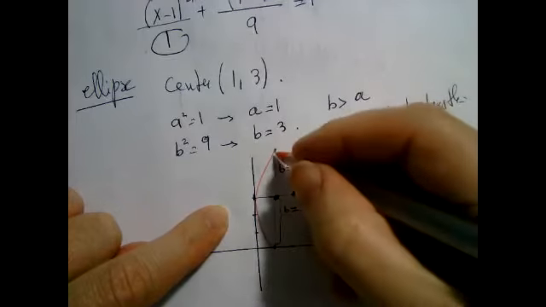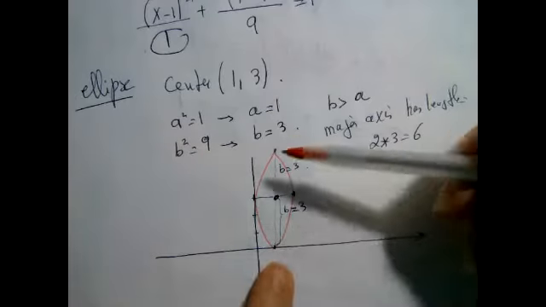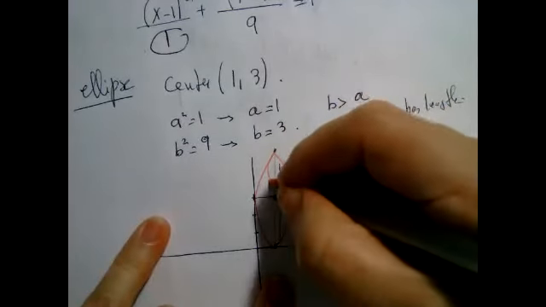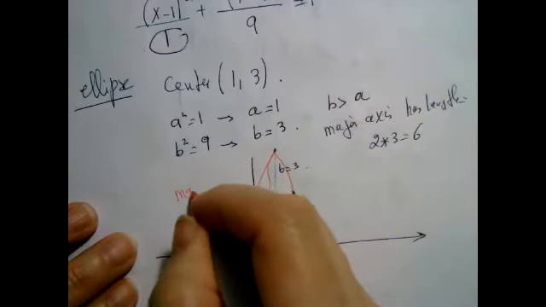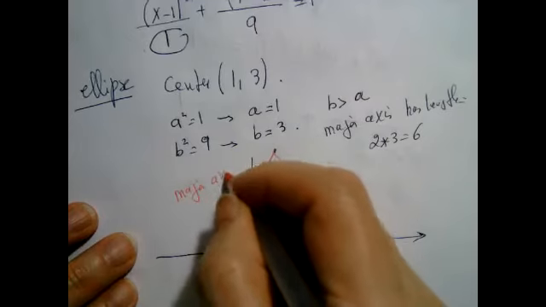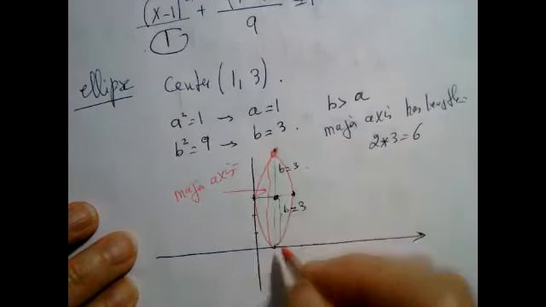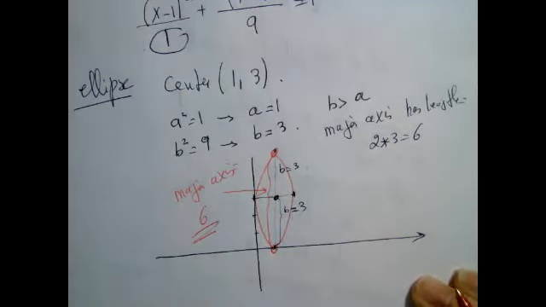That's what this will represent. And the major axis is the longer axis connecting the vertices. That's what we mean by the major axis. So this is the major axis, the longer axis connecting the vertices. That's what we call it. So it's the longer axis connecting this vertex with this vertex, which is equal to 6.